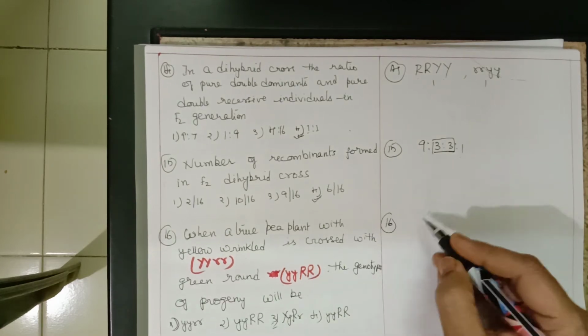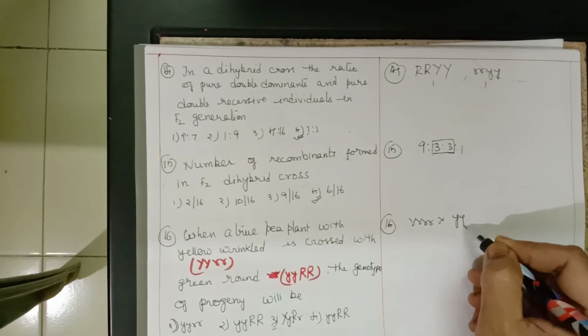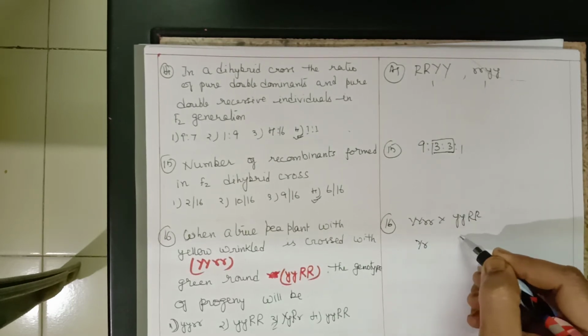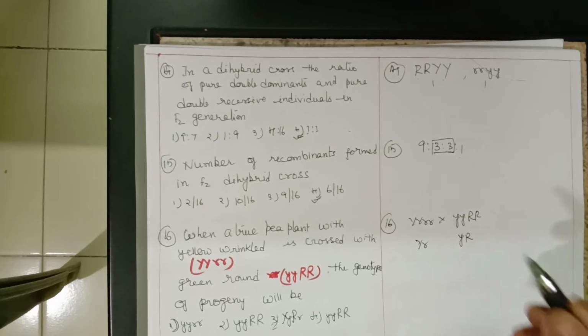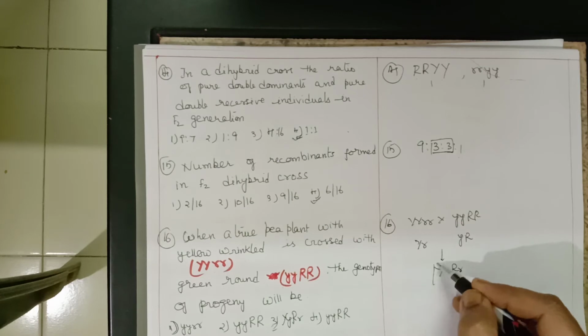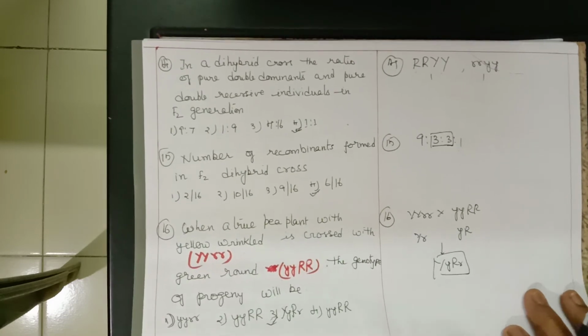When you cross, the progeny genotype will be capital Y small y, capital R small r. Okay, now let us go to the next question.